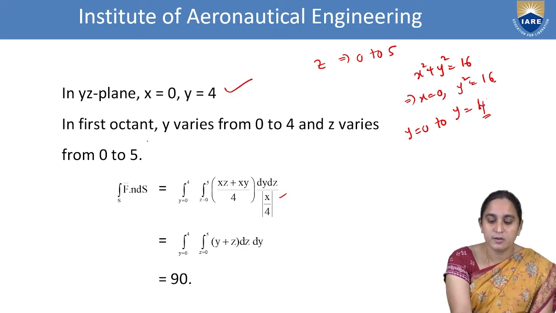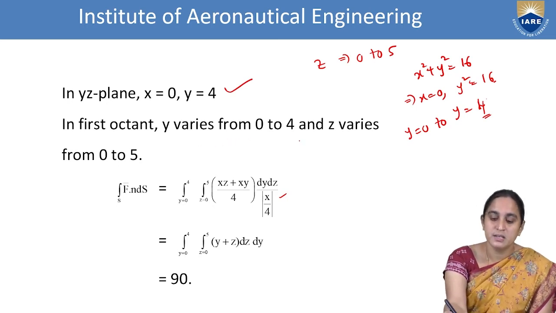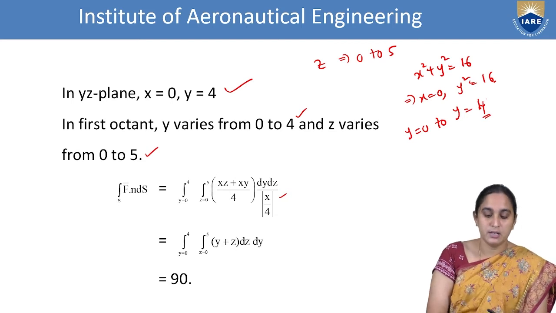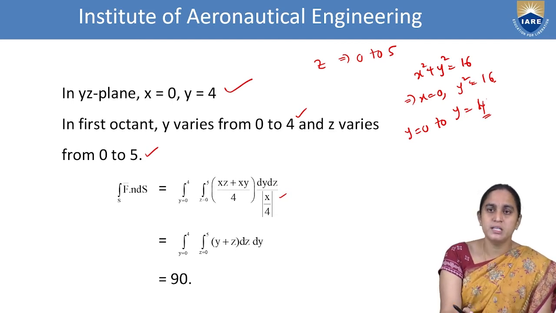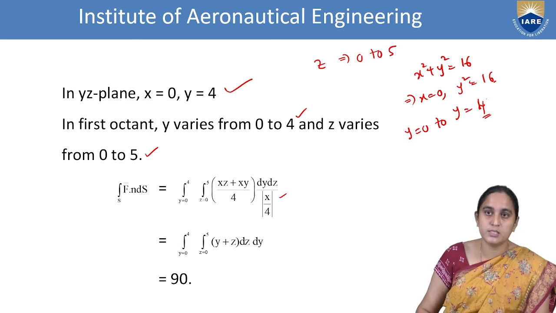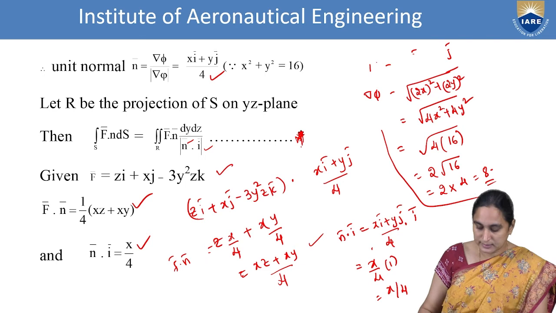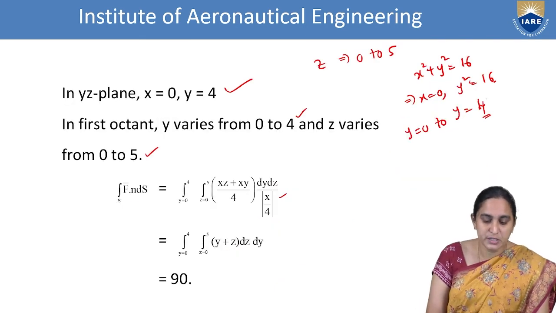Therefore, in the first bracket, y varies from 0 to 4 and z varies from 0 to 5, right? Now we have to substitute each and every value in the first equation, the star formula. Now I'm substituting there.